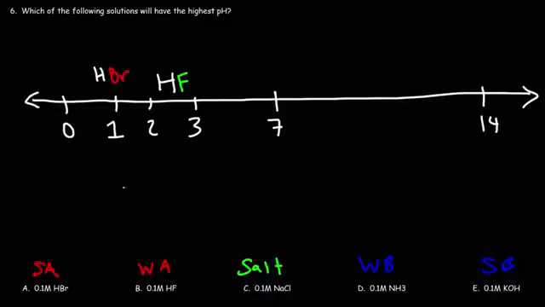Sodium chloride is neutral, so the pH is going to be 7. Now keep in mind, acids have a pH that's less than 7. Now, because HBr is a stronger acid than HF, given the same concentration, HBr is going to produce a solution with a lower pH. So the strongest acid is going to have the lowest pH, assuming the concentration is the same.